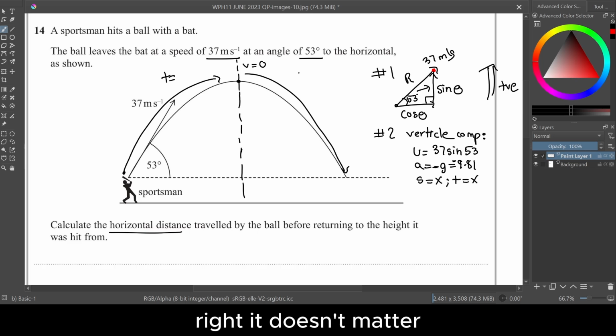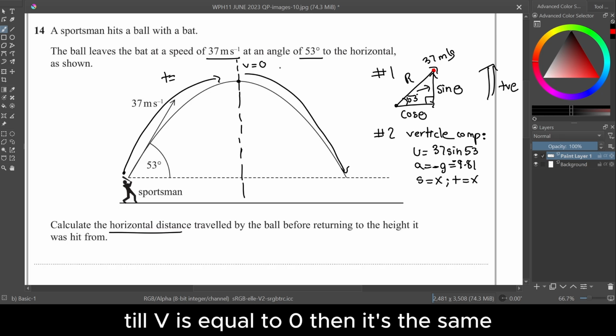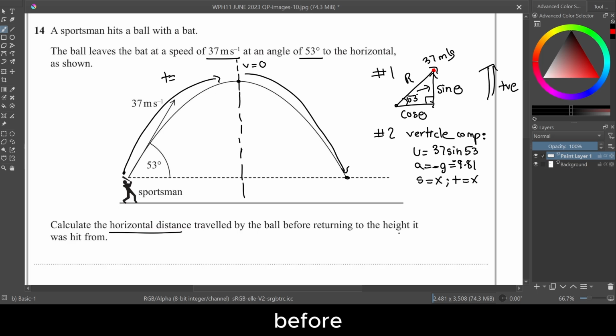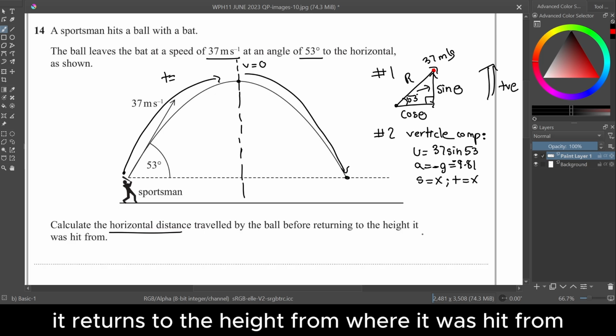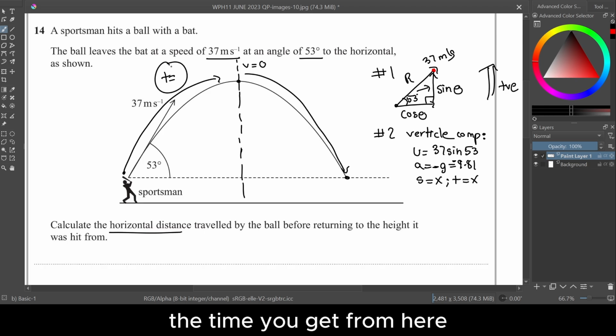It doesn't matter whether it's a vertical component or a horizontal component, the time will be the same. So if we calculate the time from here to here till v is equal to 0, then it's the same from v is equal to 0 to the end point before it returns to the height from where it was hit. And you can just multiply by 2 the time you get from here. So let's do that quickly.